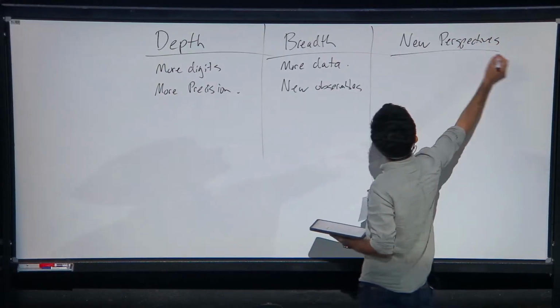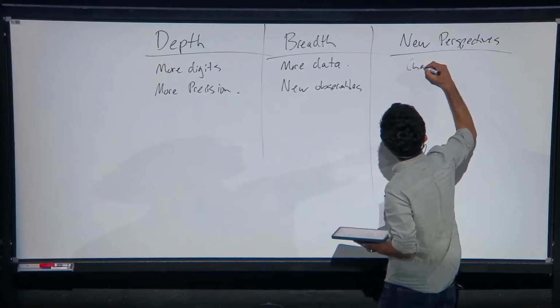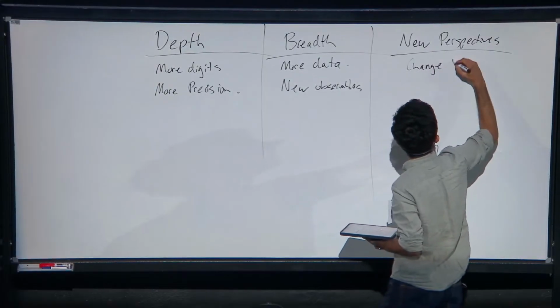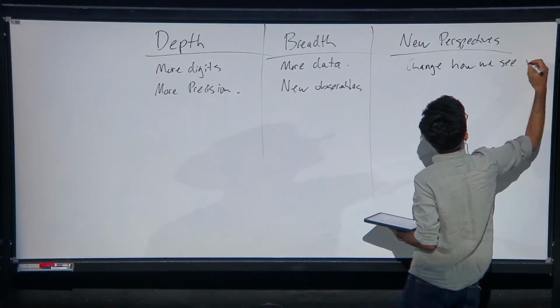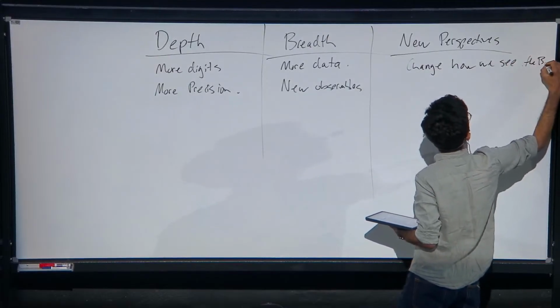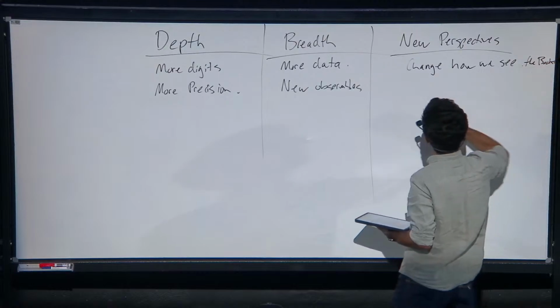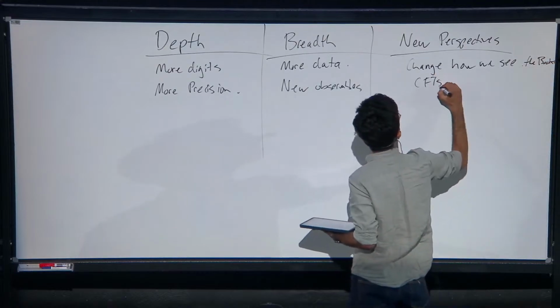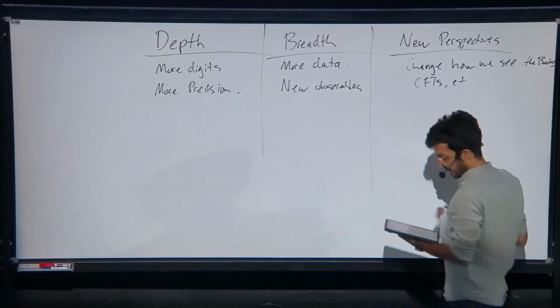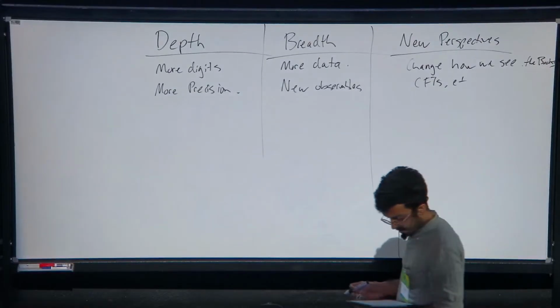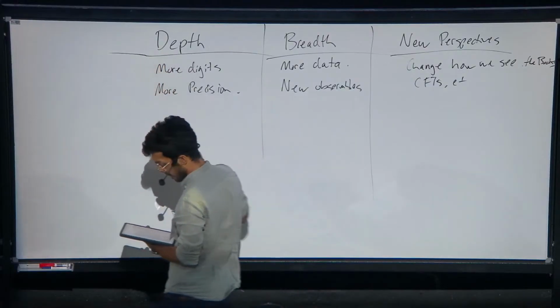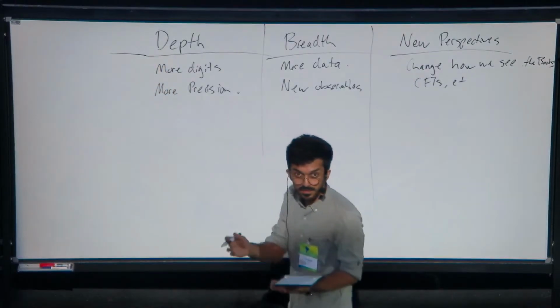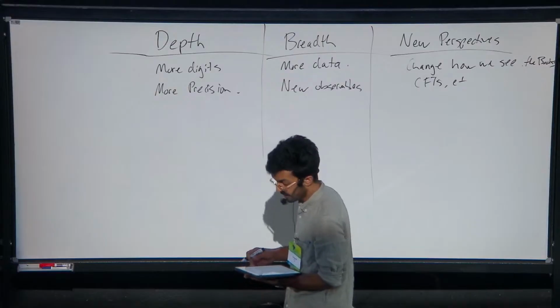And this is things that change our perspective, change how we see the Bootstrap and CFTs, etc. And our community has been very good at doing all of these in various ways, and all of these are very important for different scientific reasons.